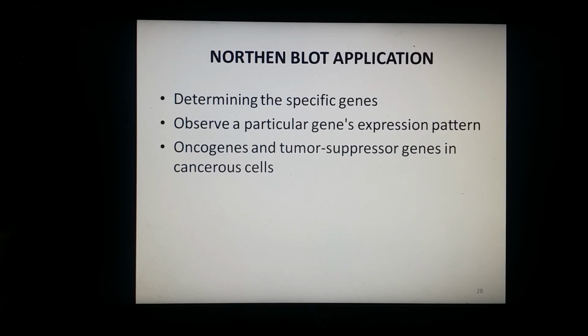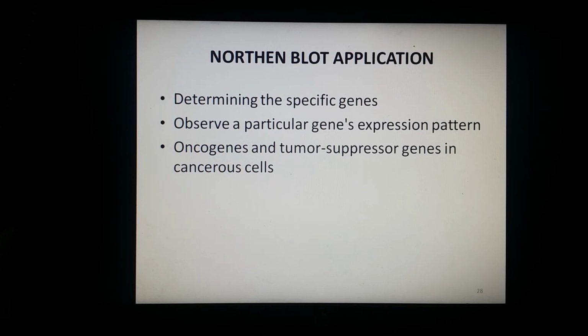After discussing the procedure and entire steps of northern blotting, the question arises: what are the applications of northern blotting? The first application is that northern blots are particularly useful for determining which specific genes are being expressed at the messenger RNA level. The second is that it allows one to observe particular gene expression patterns between tissues, organs, developmental stages, pathogen infections, and over the course of treatment.